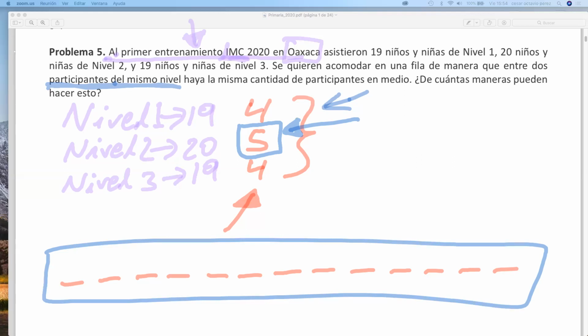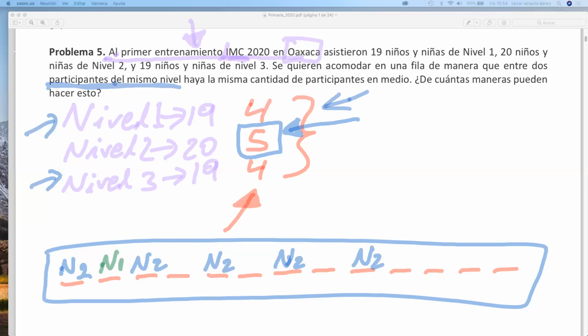For example, level 2, nivel 2. If I put them, for example, if I arrange them this way, I cannot arrange the other students, because if I put, for example, two students from the first level.